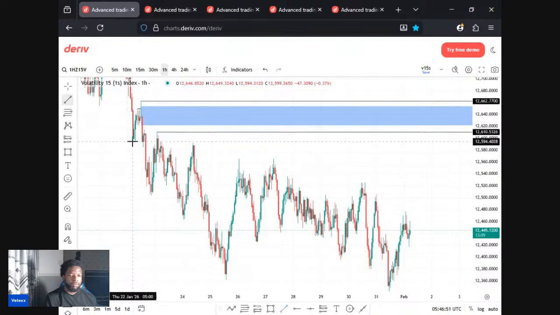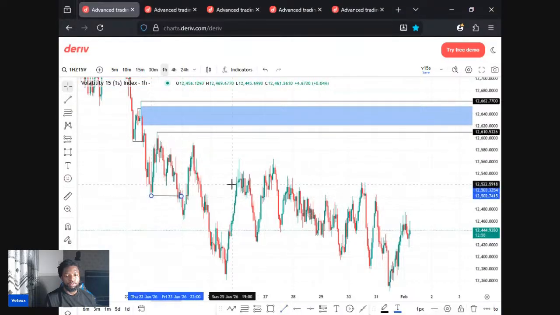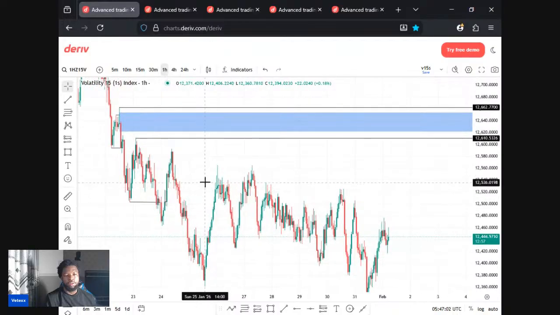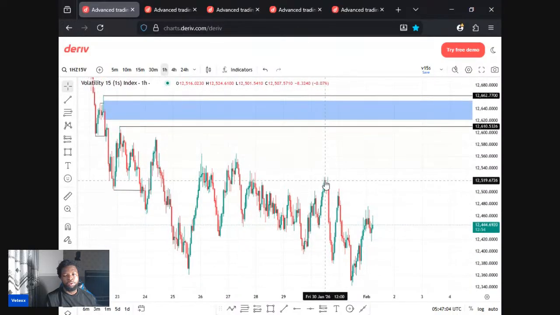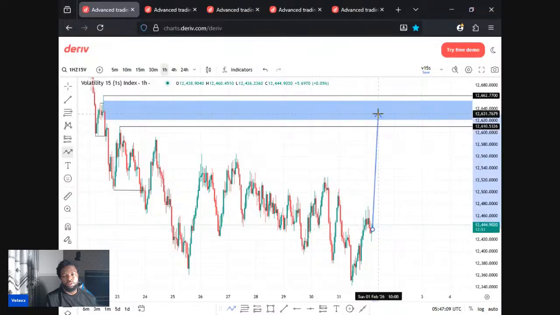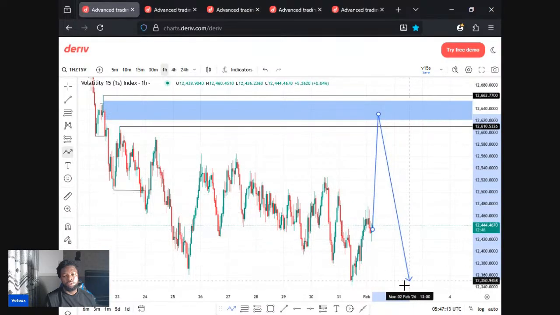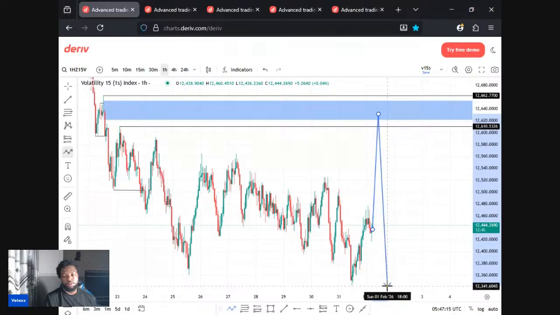We have break of structure one. Price retrace 50% to give us structural liquidity. And then we have second break of structure. So once price taps into this point of interest, we're going to start taking a series of sells until this target is taken out.